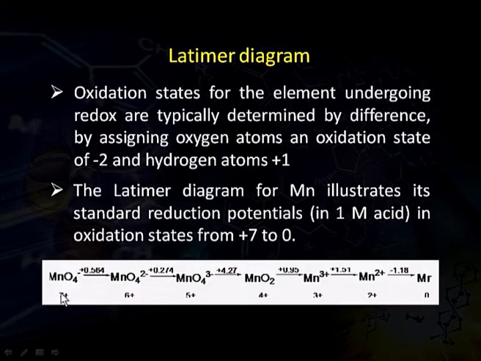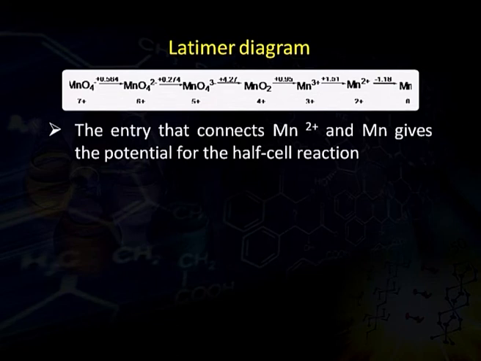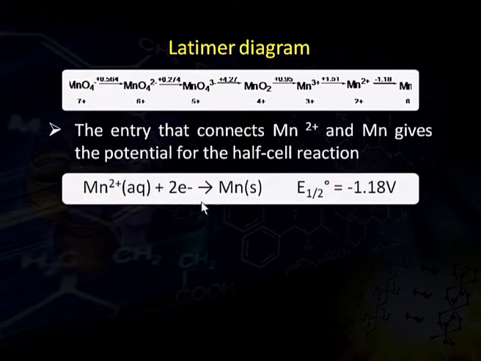This is the Latimer diagram, starting from +7 decreasing up to the 0 oxidation state of manganese, and the value given on the arrow is utilized to compare the property of the two adjacent species having different oxidation states. The entry that connects Mn2+ and Mn gives the potential for the half cell, that is like this.